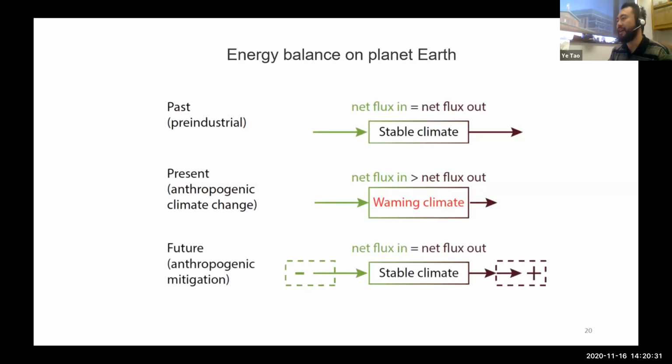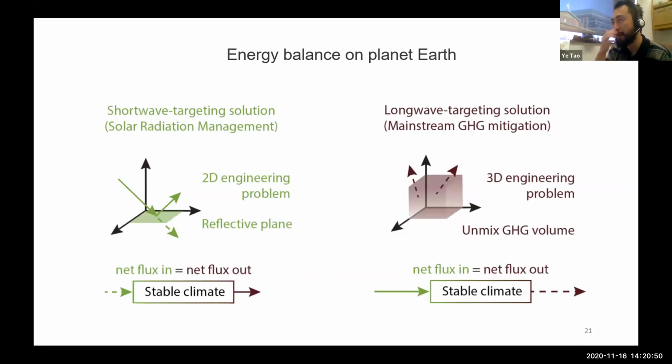So to fix that, we have two options. Either we open the outlet like we have been trying, or we can close the inlet a little bit. Either method should enable you to re-establish thermodynamic equilibrium.